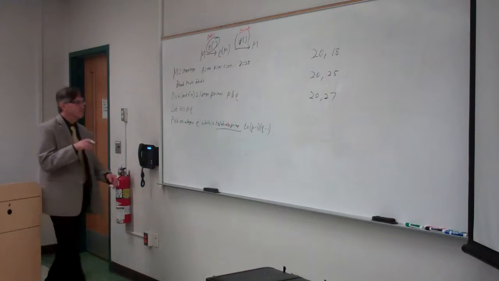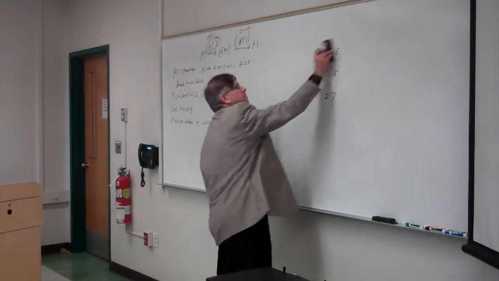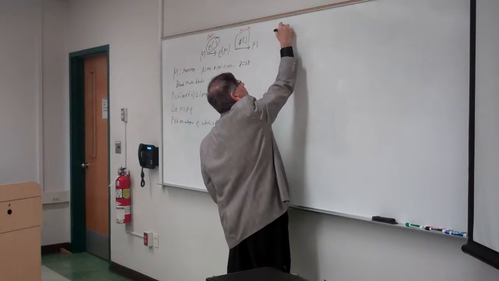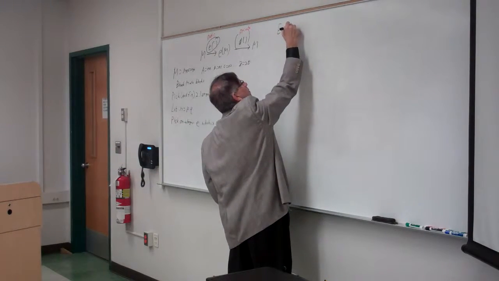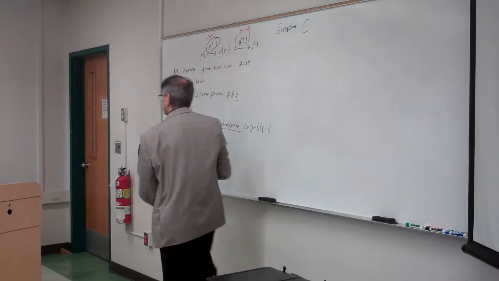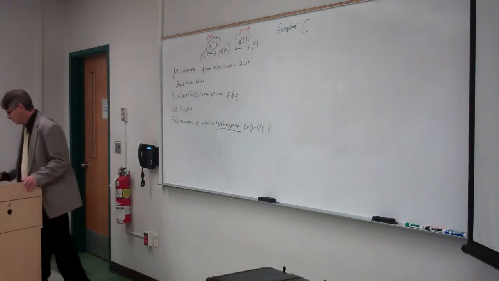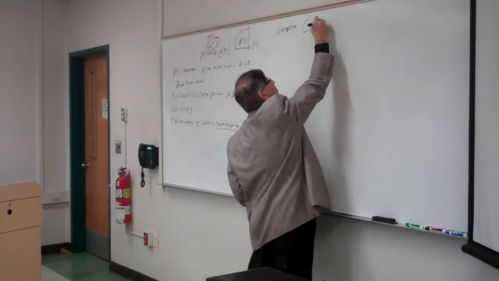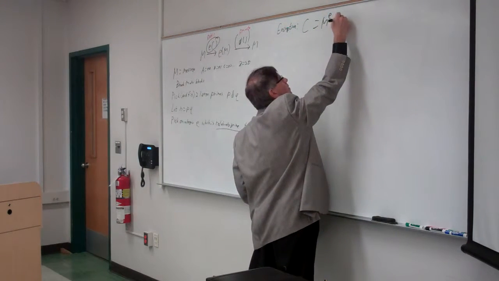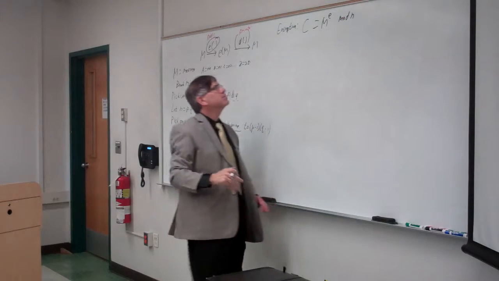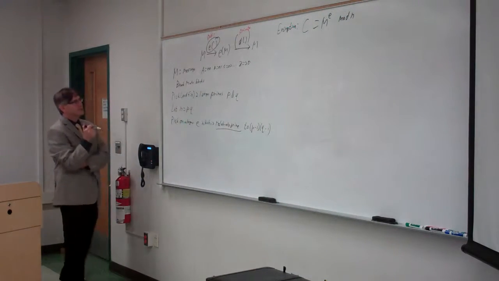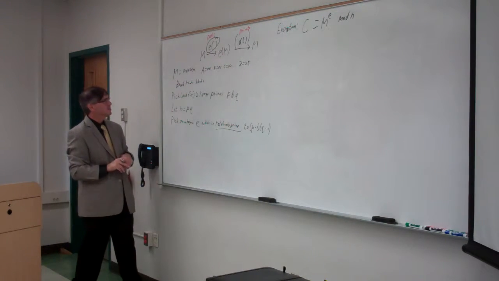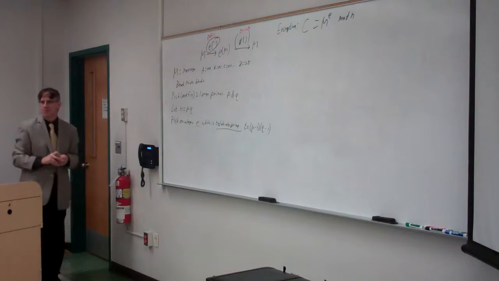All right, so when you want to encrypt your message, we're going to get some ciphertext C, and it's just M to the E modulo N. So take your message, raise it to this power, reduce it modulo N, which is the product of these two primes.